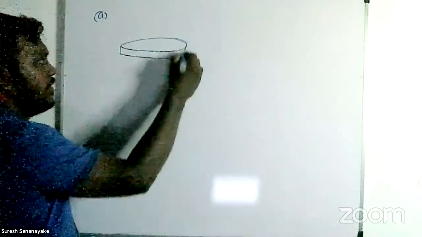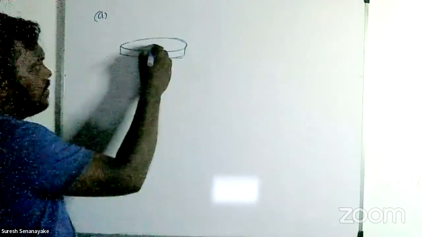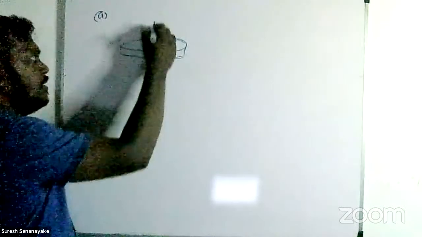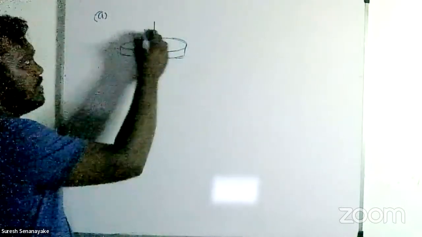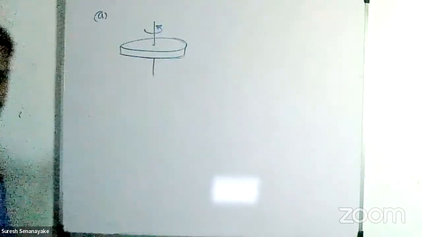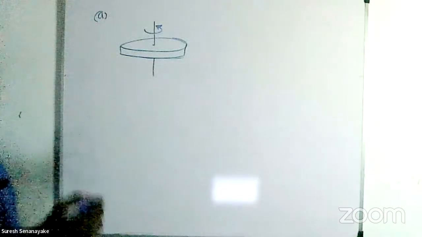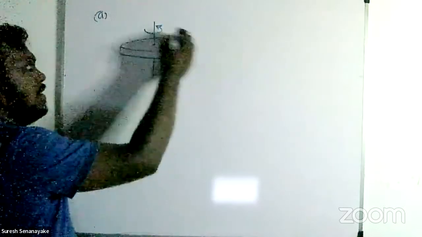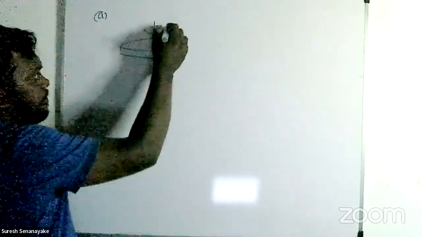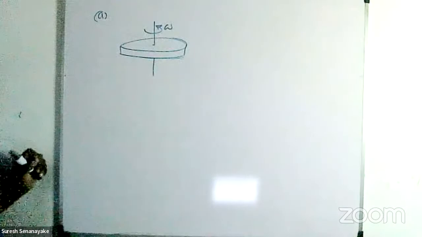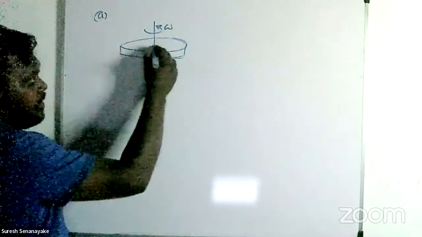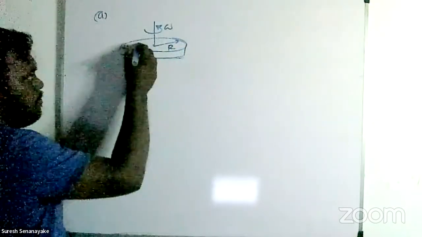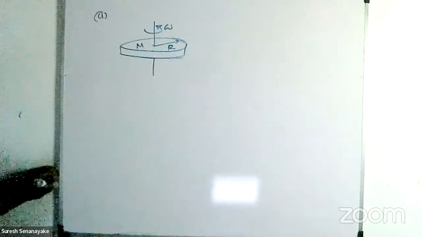I'm considering different axes. Its center of mass is here, with an axis passing through the center of mass, and the disk is rotating. The angular velocity about this axis passing through the center of mass is omega. The radius is r and the mass of the disk is m.